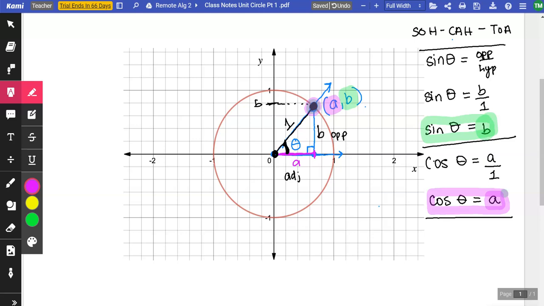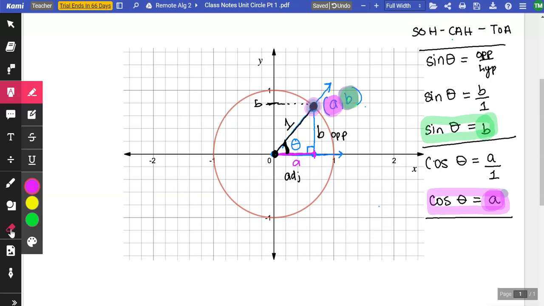So what's interesting about this is that the sine of theta is really just the y value of this point of intersection. Sorry, that should have been in green. And the cosine of theta is really just equal to the x value of that point of intersection.